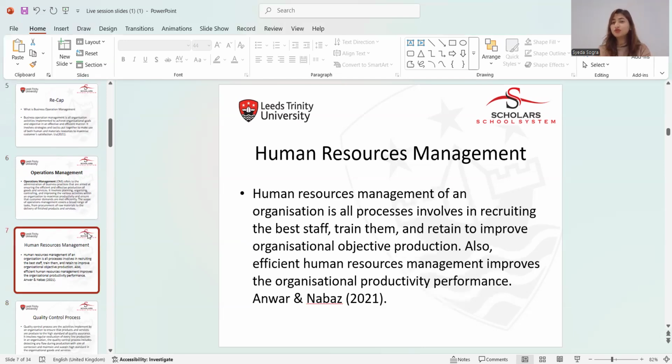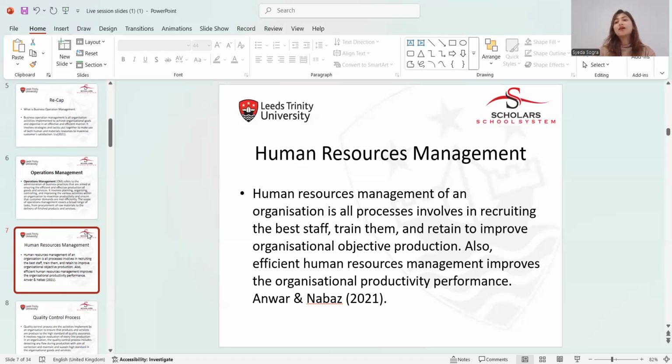Then we have human resource management. Human resource management of an organization is all the processes involved in recruiting the best staff, training them, and retaining them to improve the organizational objective production. Also, efficient human resource management improves the organizational productivity and performance.